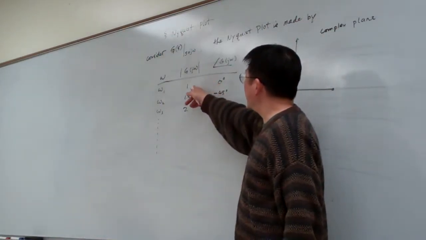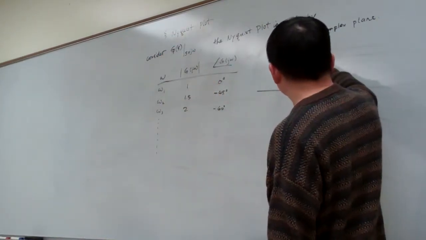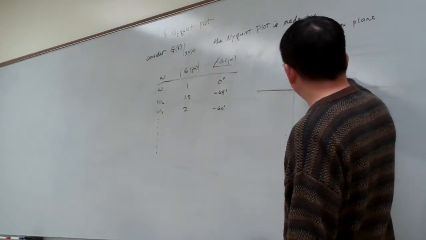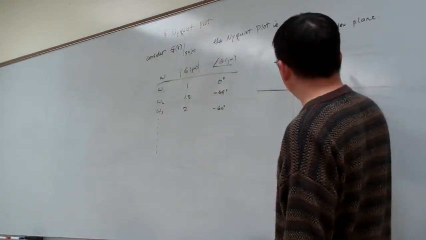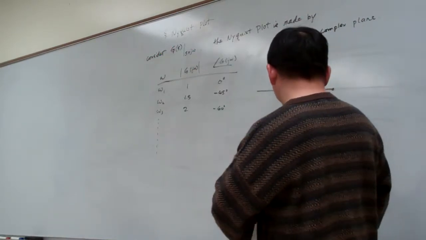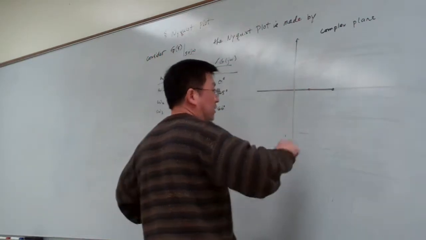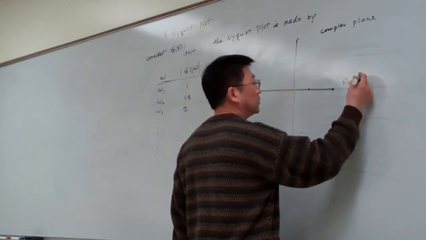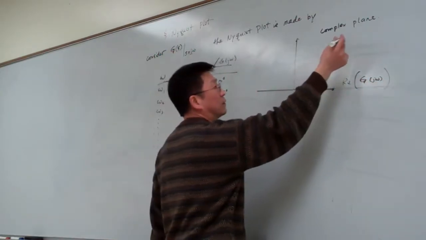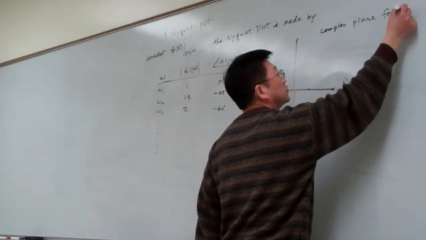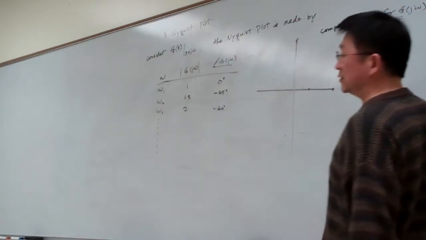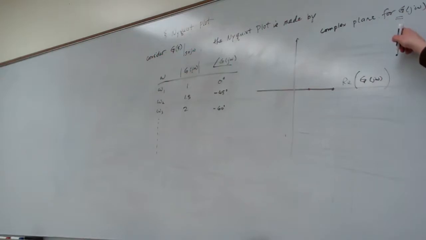For the first point, its magnitude equals 1 and 0 degrees, so the first point corresponds to here. This point is the representation of G J omega on the complex plane. This is the complex plane for G J omega. Again, G is an arbitrary function.